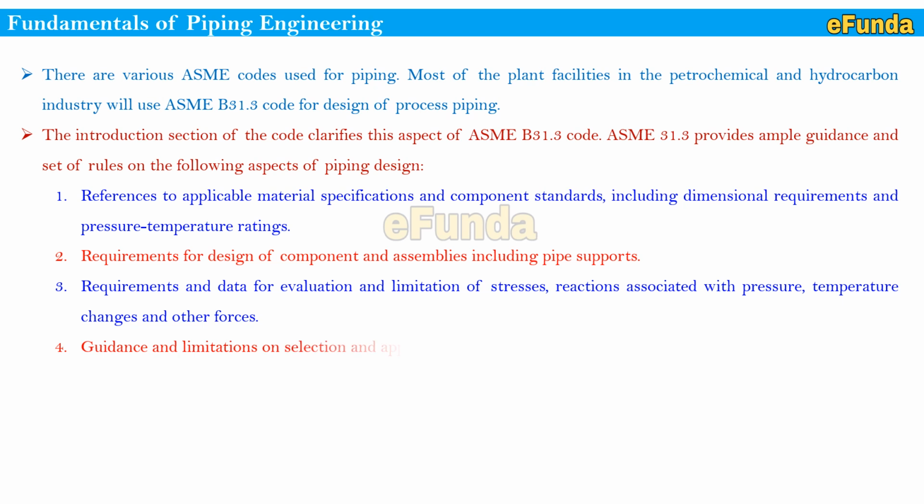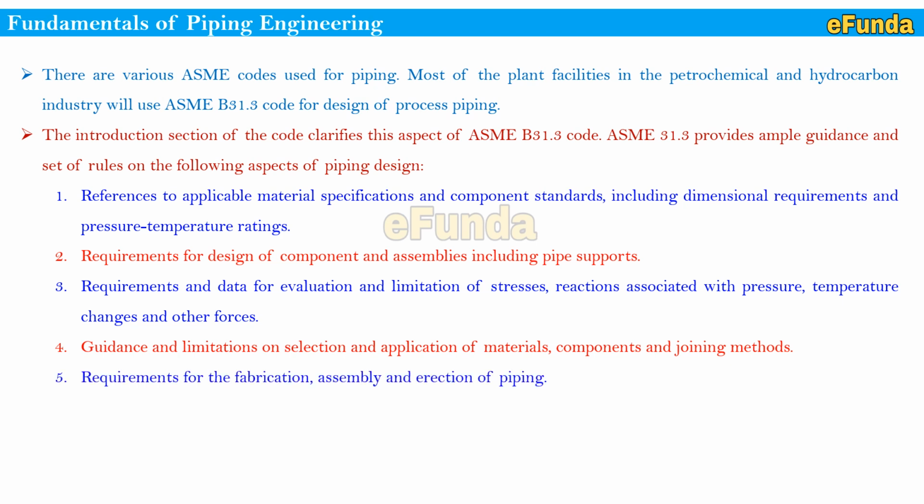Fourth, guidance and limitation on selection and application of material, components and joining method. Fifth, requirements for fabrication, assembly and erection of piping. Sixth, requirements for examination, inspection and testing of piping.